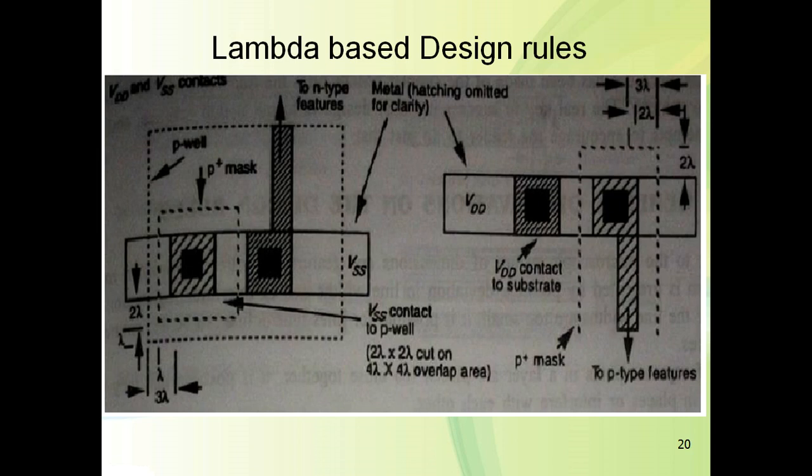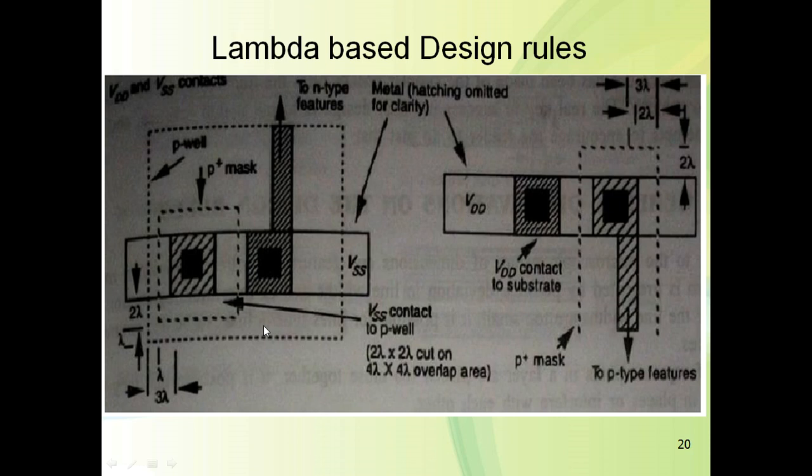There are some extra rules for the P-well process: there is VSS and the P-well, and there is VDD and the substrate. So there is an extra connection between VSS and the P-well and between VDD and the substrate. That is shown here in this diagram.